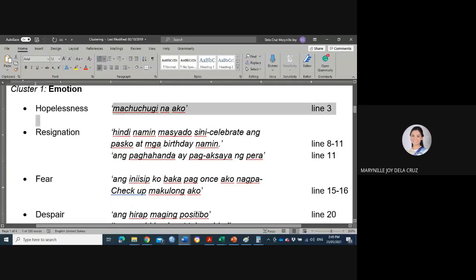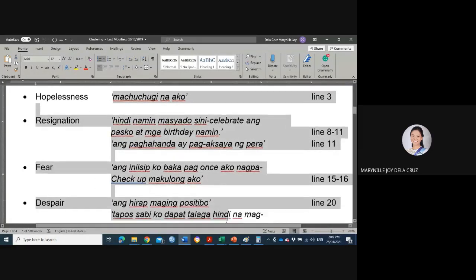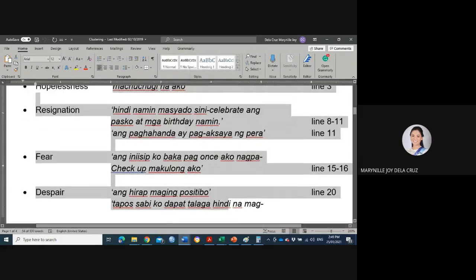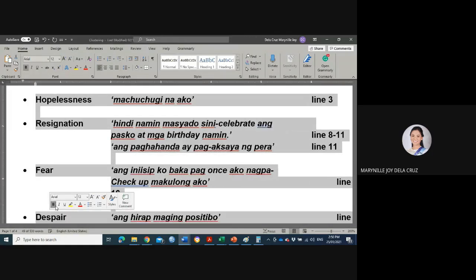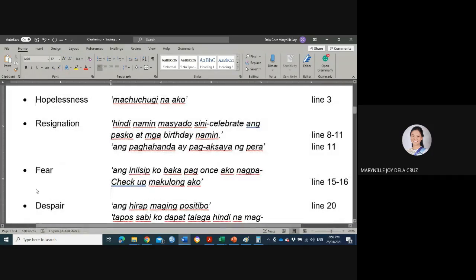So, this group of words, you're able to transform them into this one. Now, these are the codes that you're able to form out of these words. Ito ang codes. Basahin ko ang codes, ha?